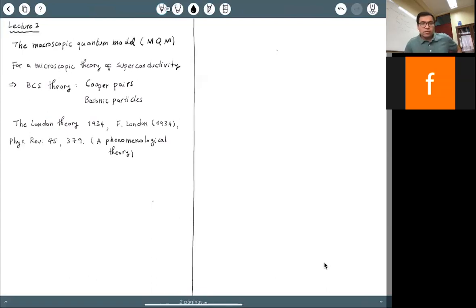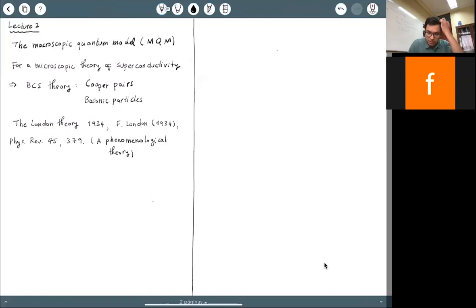Based on the observations, London developed this theory that, of course, tried to describe the emergent electromagnetic behavior of a superconductor, and he developed a tailor-made theory for describing the main experimental results.